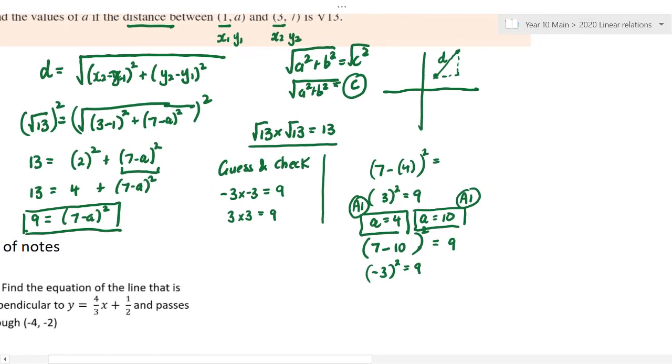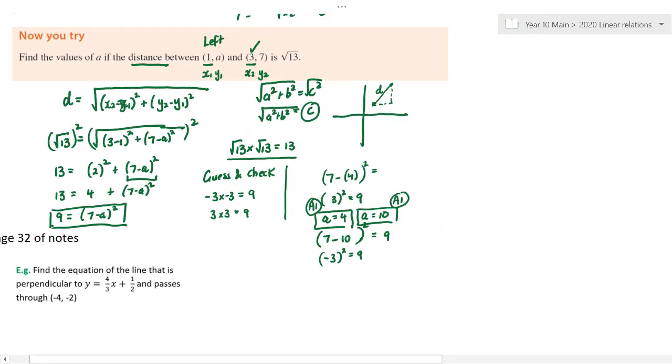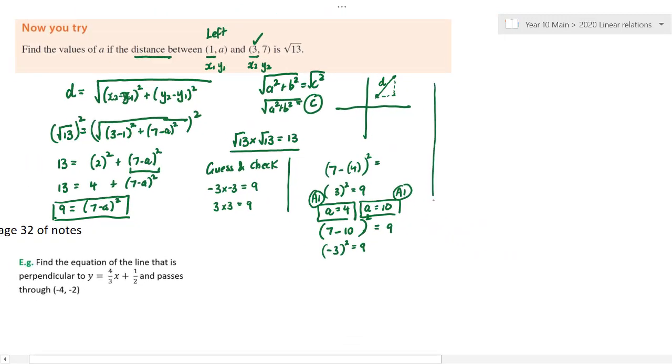The other way of doing it, and please note that this will be the first time, so let's ask those questions and go through it and explain further. I've got 9 is equal to 7 minus a, squared. Now I want to solve and find what a is. If I take the square root of both sides, we need to consider there needs to be a positive and a negative solution.